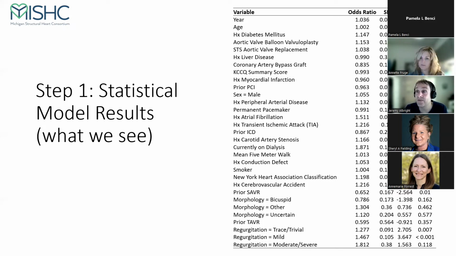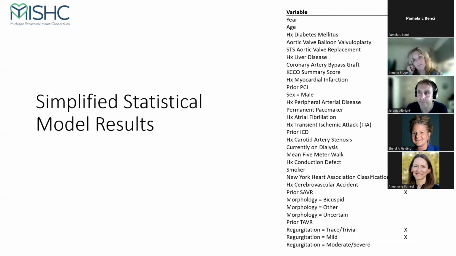So we look at this final column, this p-value, and that lets us know if it's less than 0.05, which is just a convention statisticians have used for over 100 years. If this p-value is less than 0.05, we say, aha, there's a signal here. We can probably rule out that it's just noise that we're seeing for this effect, and it's actually something that's real that we want to consider.